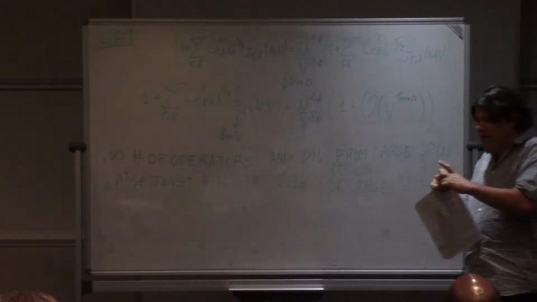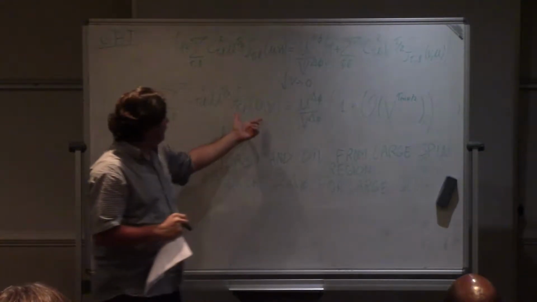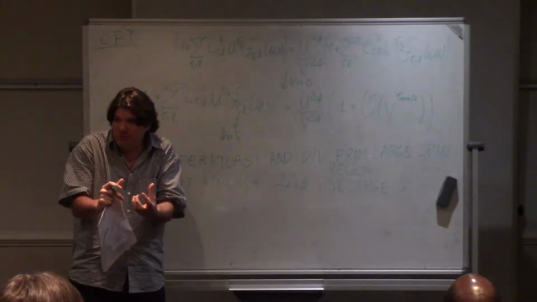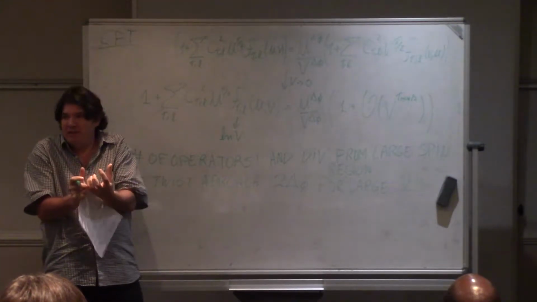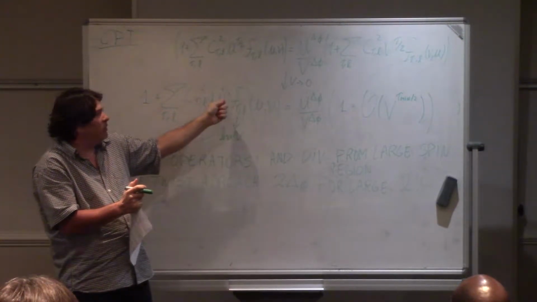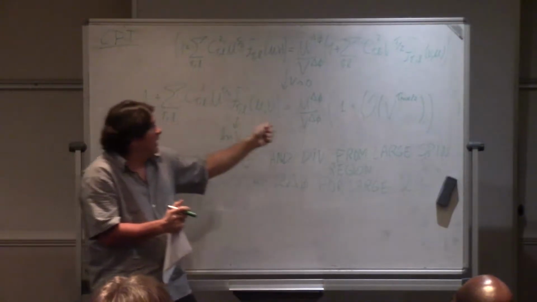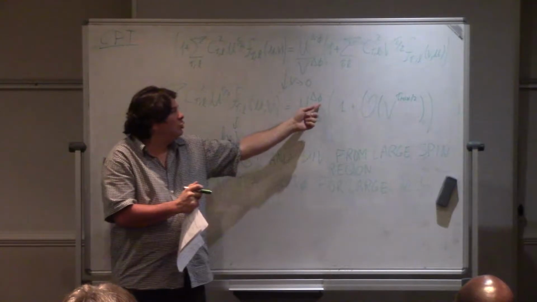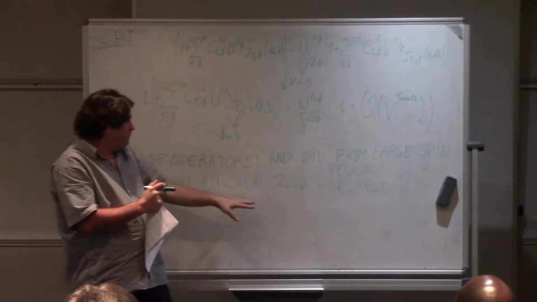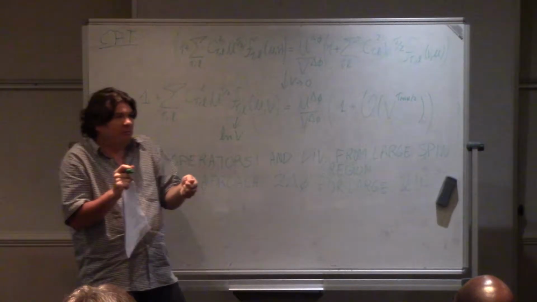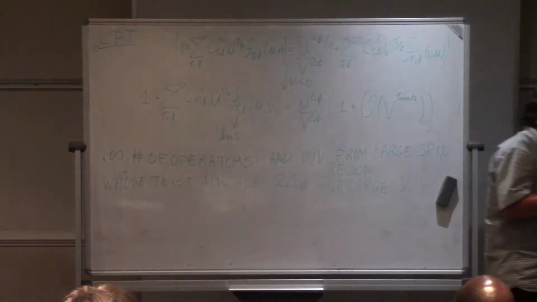Simply because we need these log V's to add up to some 1 over V divergence, which we only get with an infinite number of operators. And matching the power of U on the left and on the right for small U tells us that this has to be 2 delta phi. Now, this may not happen for all operators, but it has to happen for operators with arbitrarily large spin.